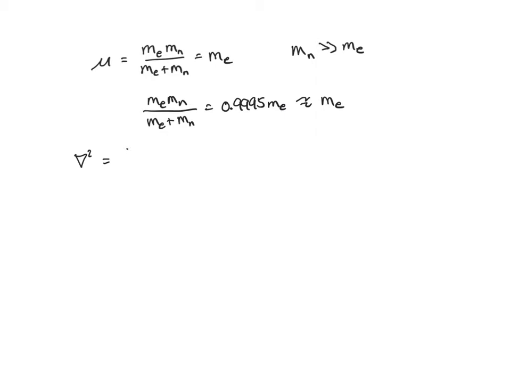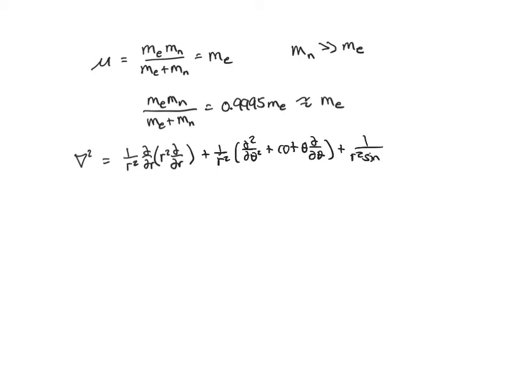And this is equal to 1 over r squared, partial with respect to r of r squared, partial with respect to r, plus 1 over r squared times the quantity second derivative with respect to theta, plus cotangent theta derivative with respect to theta, plus 1 over sine squared theta second derivative with respect to phi.